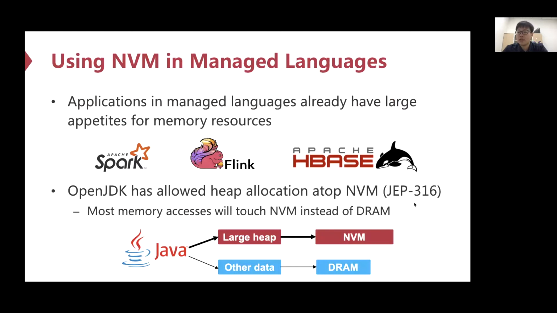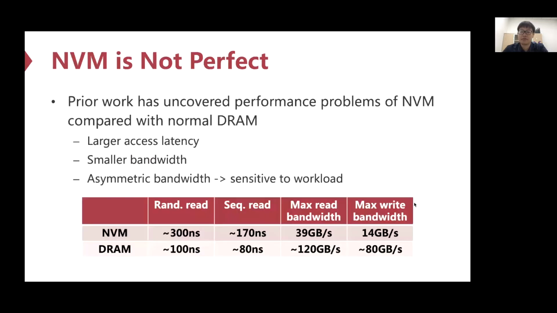This proposal, JEP 316, allows Java applications to allocate objects on large heaps atop NVM while maintaining other data, like metadata for classes and methods, on DRAM. In this usage, most memory accesses will touch NVM instead of DRAM.